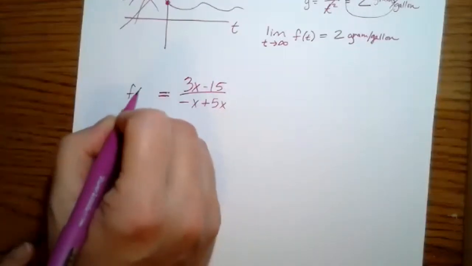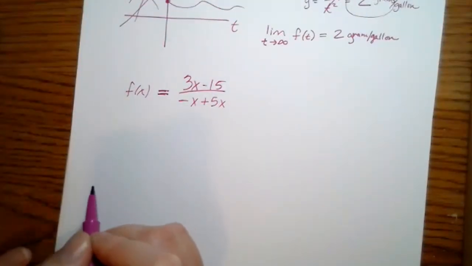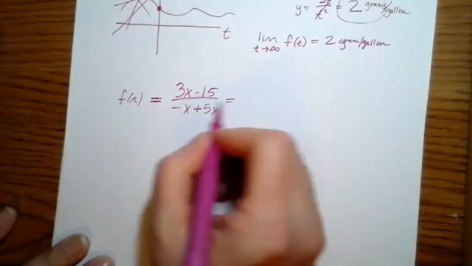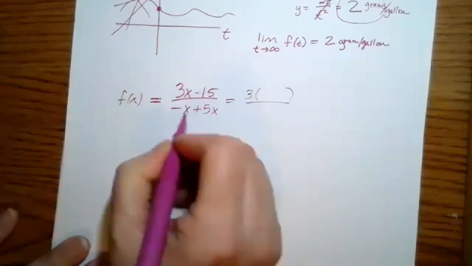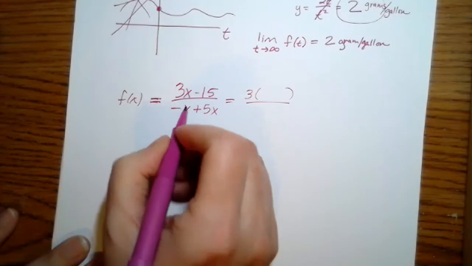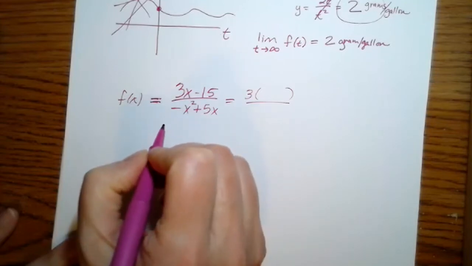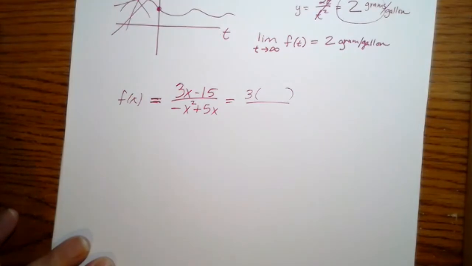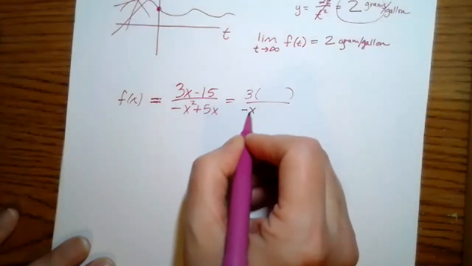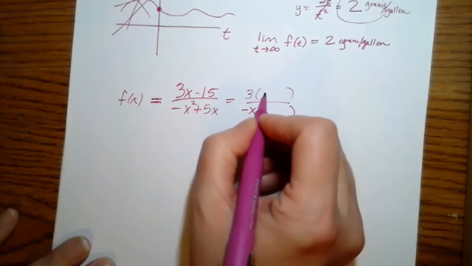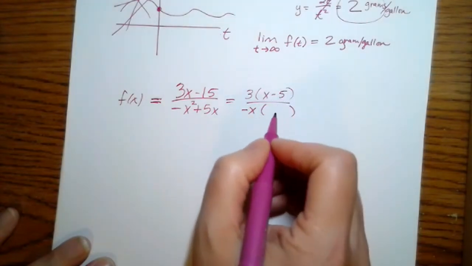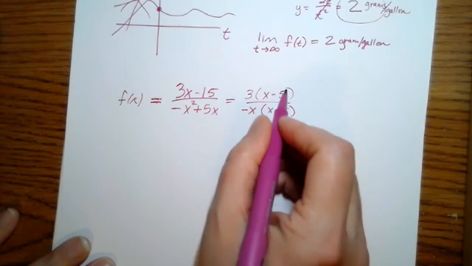Oh, okay. So you're doing basically all the analysis of it. I would start by factoring it. Take out a 3 on the top. And then on the bottom, you should take that negative out. Was it negative x squared? Yeah, it was. On the bottom, I'd take out a negative x. And I'm thinking that this would be x minus 5, right? You've got a common factor there.